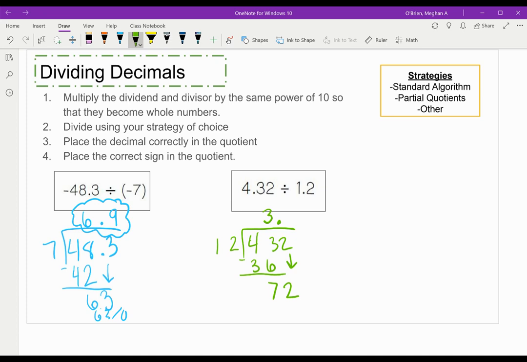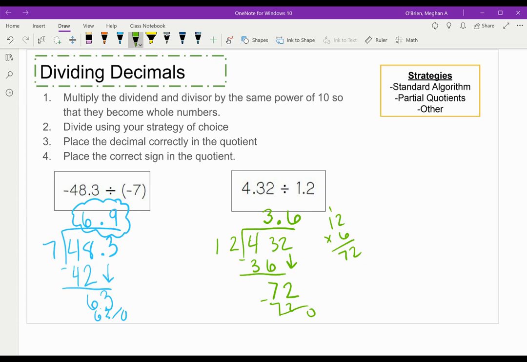Now, how many times does 12 go into 72? I know 5 groups of 12 is 60, so another group of 12 would be 72, so that would be 6. 12 times 6, again, always go off to the side and double check. Yep. So that would be 72, and I would be done.